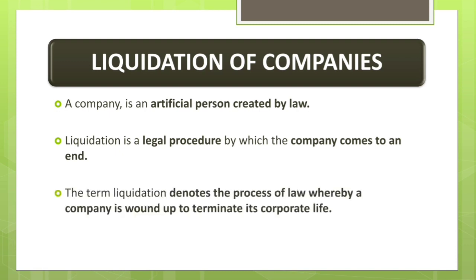The term liquidation denotes the process of law whereby a company is wound up to terminate its corporate life. That means a company, being a creation of law, cannot die a natural death. The corporate life of a company can be terminated only through a legal process called liquidation.